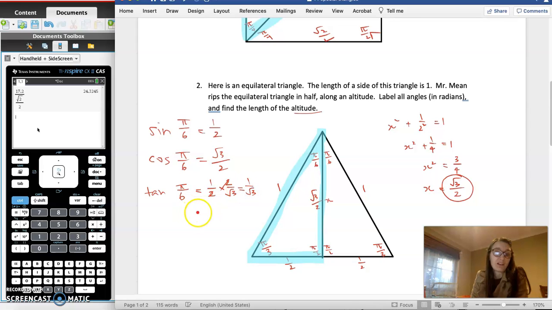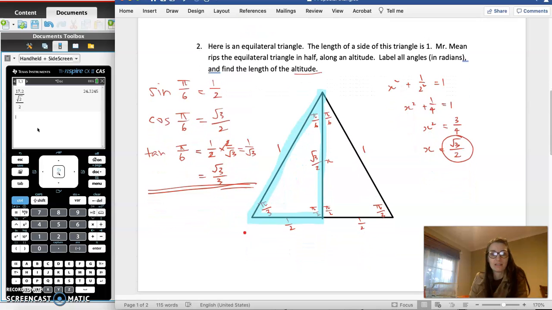And remember, we don't like having a root underneath, so if we times top and bottom by root 3, we end up with root 3 on 3. Now this is going a little bit beyond where we're at so far in 14A, but very soon you're going to need to memorize all of these things. I'll show it to you in a table, which will make it easier, so you don't necessarily have to draw these triangles each time.